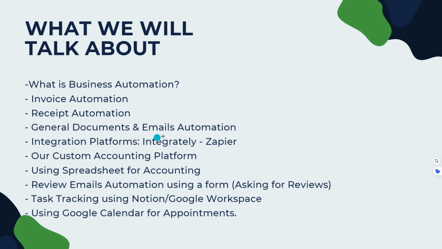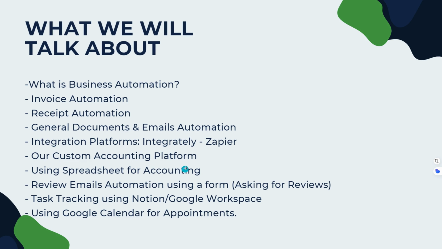Then we'll talk about general documents and email automation in general. I'll talk about a few platforms that you can use to connect different applications between each other. Then I'll talk about a platform that we've developed in house. We've developed it for many companies. There are many companies using it right now, where you can automate a lot of different processes already.